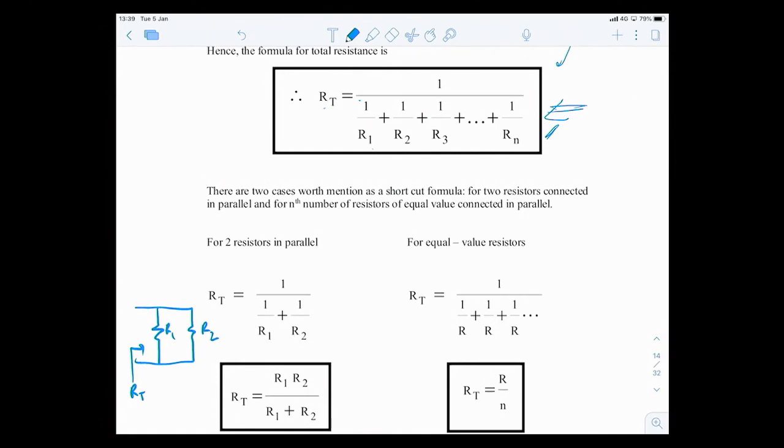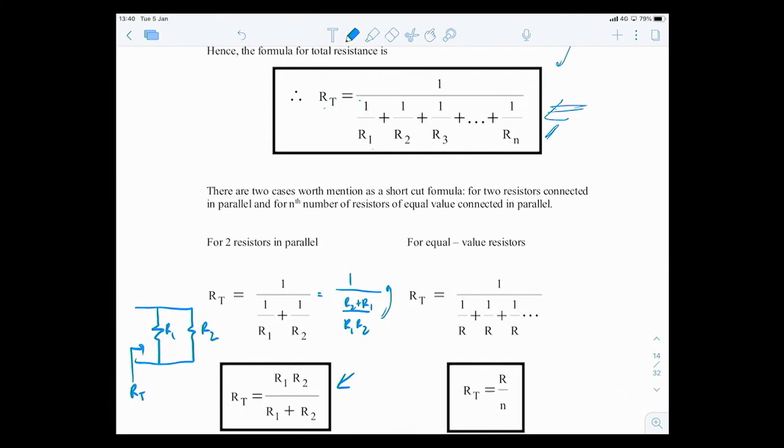It is 1 over R1 plus 1 over R2, which is of course equal to R2 plus R1 over R1 R2. So when you flip it, take the reciprocal, it becomes this formula. Your R total is R1 times R2 over R1 plus R2. This is another formula that many of the Thai students would already know.